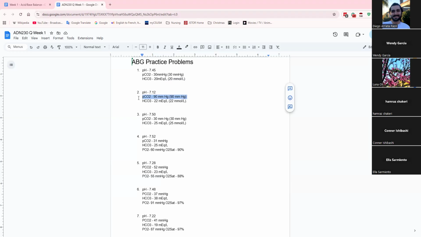Okay, so that's high. So is 90 high? Is that indicative of acidity or indicative of base for the CO2? Acidic. Okay, perfect. And then the bicarb is a 22. Is this normal, high, low?